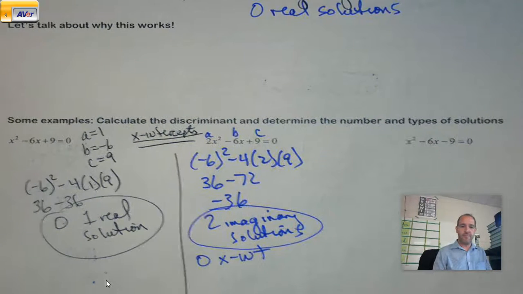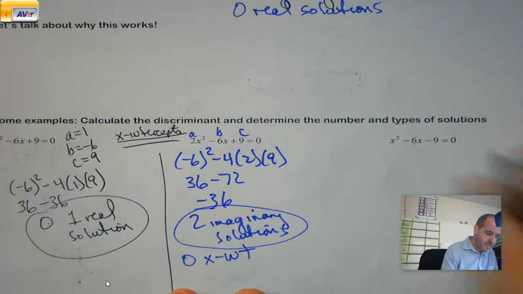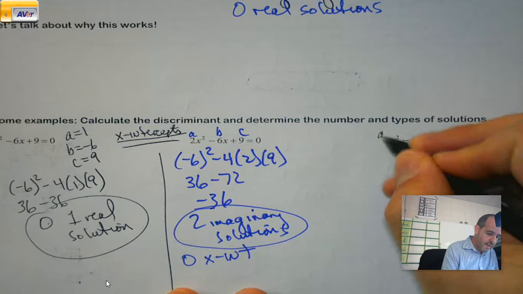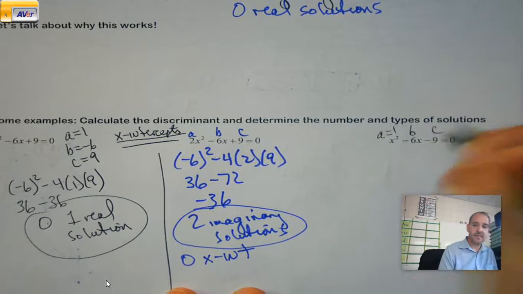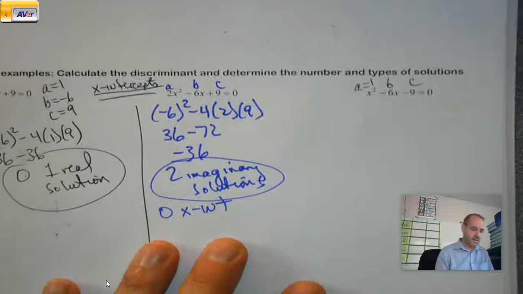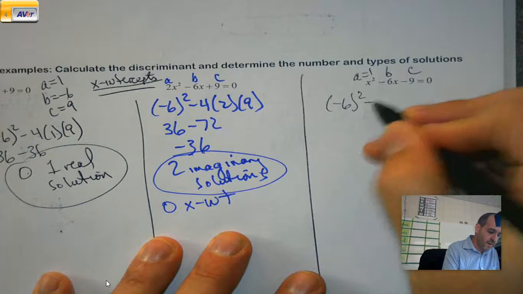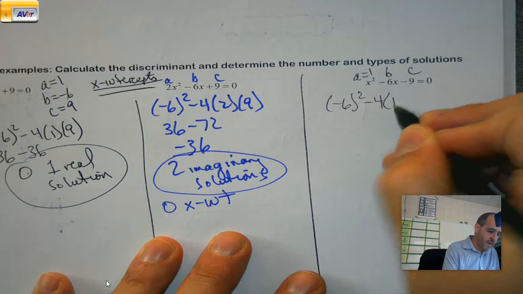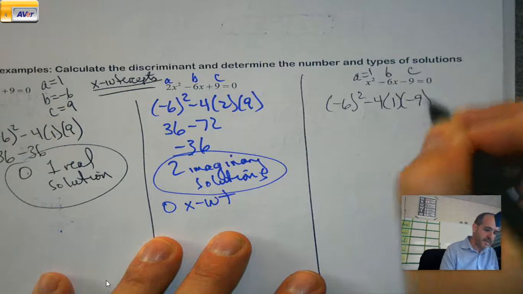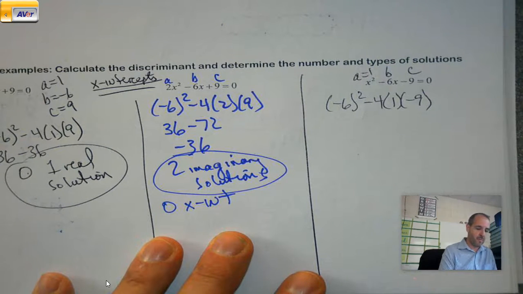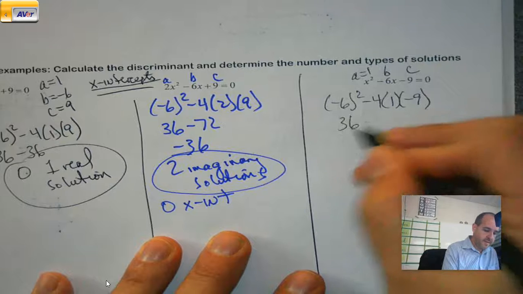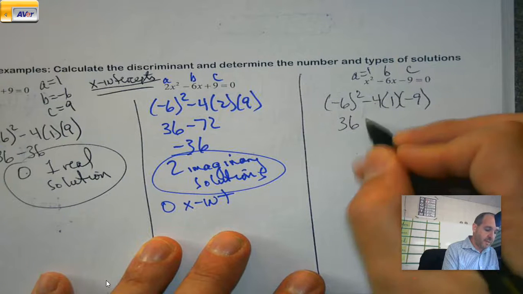All right, one more. So a is 1, b is -6, c is -9. b squared minus 4ac: 36 plus 36.